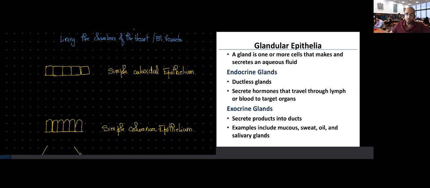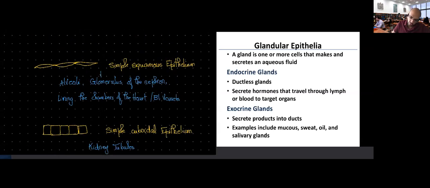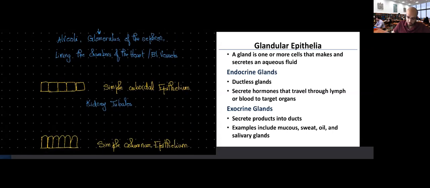Simple cuboidal epithelium, remember this is a type of epithelium that allows absorption and secretion, and we find this type of epithelium in the kidney tubules. And the kidney tubules are part of my nephrons. That's why I was asking here, what part of the nephron? Because the kidney tubules are actually part of the nephrons.